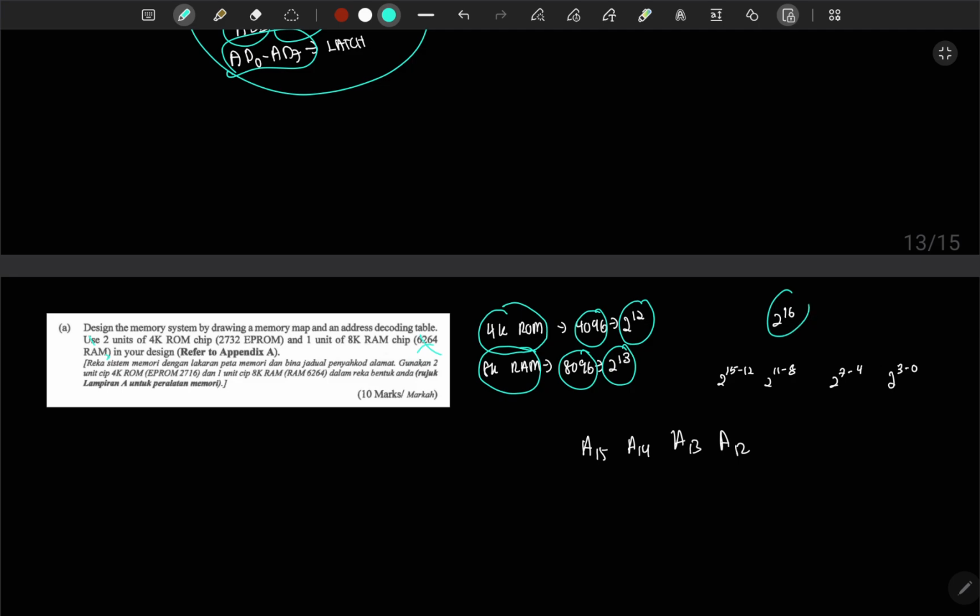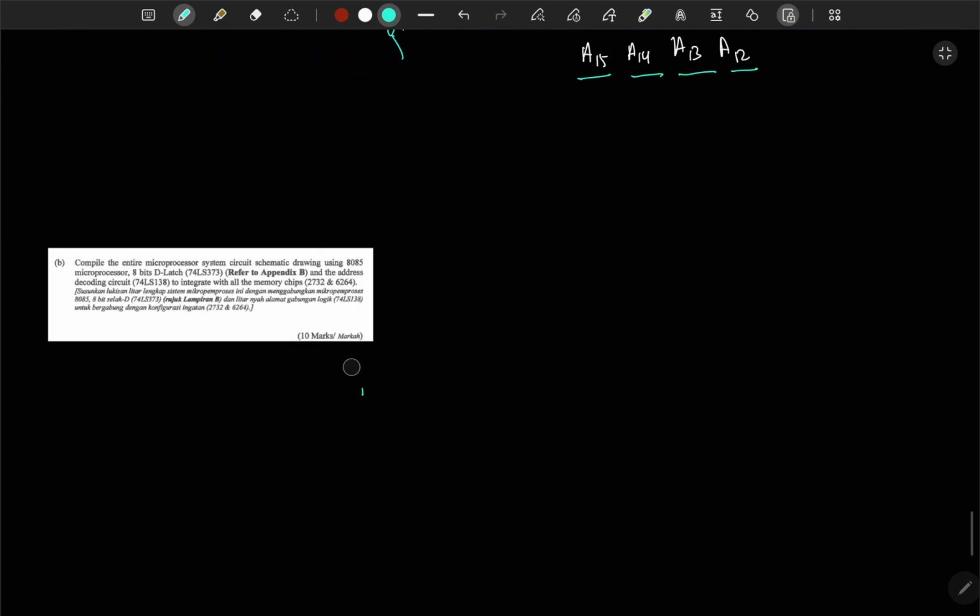I said that 2 power of 16 is divided as such, we name it 2 power of 15, apologies, 2 power of 15 actually. If we make it as such, we have A15, 14, 13, 12 in the high enable. Now let us do a quick math, because we need to use this table to draw this schematic.